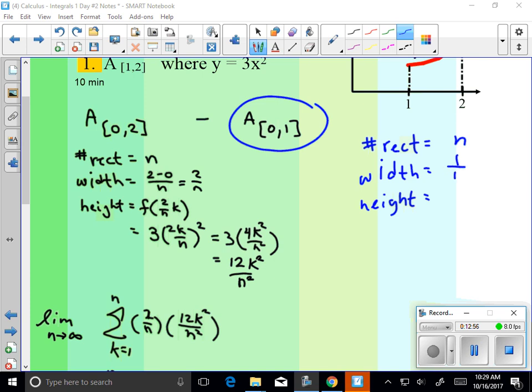Now it's 1 over n, instead of 2 over n. Now, the height will obviously change as well. I'll do 1 over n times k and plug that into f, which would be 3 times the quantity k over n squared, right? 3 input squared. So I'd get 3k squared over n squared, and then you start the process the exact same way.